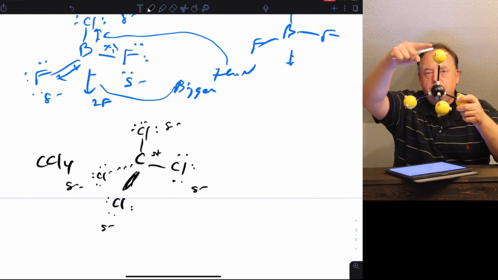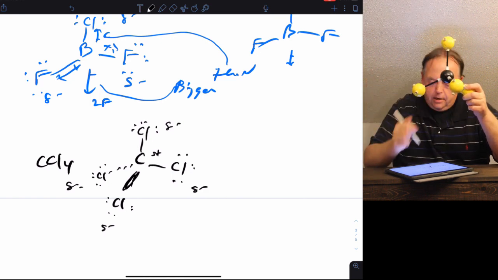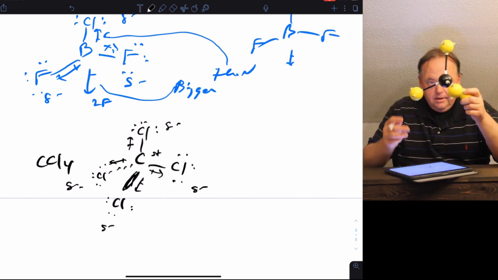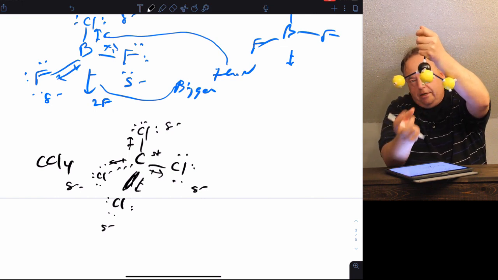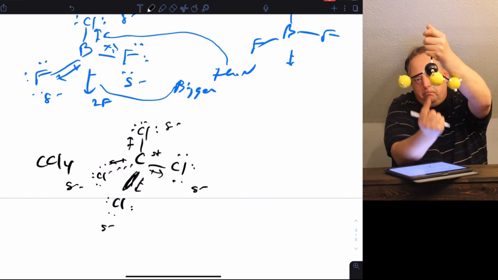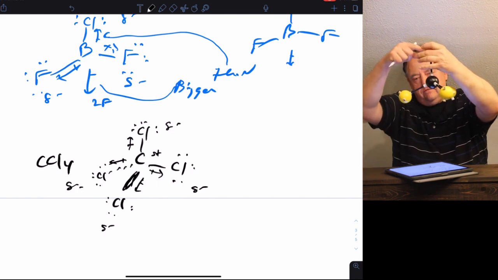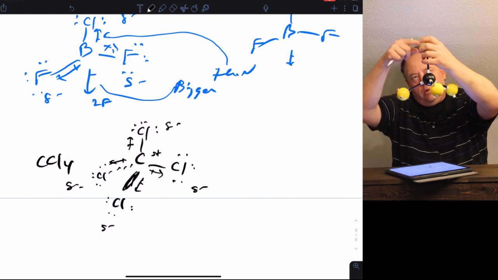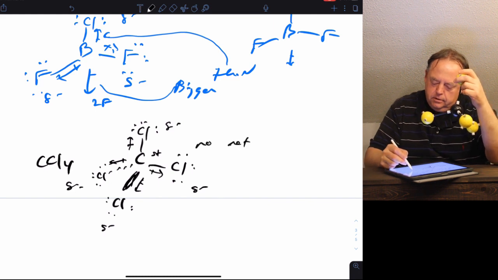This chlorine is pulling electron density that way, this one's pulling that way, this one's pulling that way, and this one's pulling that way. So all the bond dipoles look like that. If we ignore the one on top for a minute, these three chlorines are all pulling down, so they have a net dipole moment right in the middle of them, straight down, and that's exactly opposite the direction of this one. So these three chlorines together cancel out the dipole moment of that one. So this molecule has no net dipole moment.